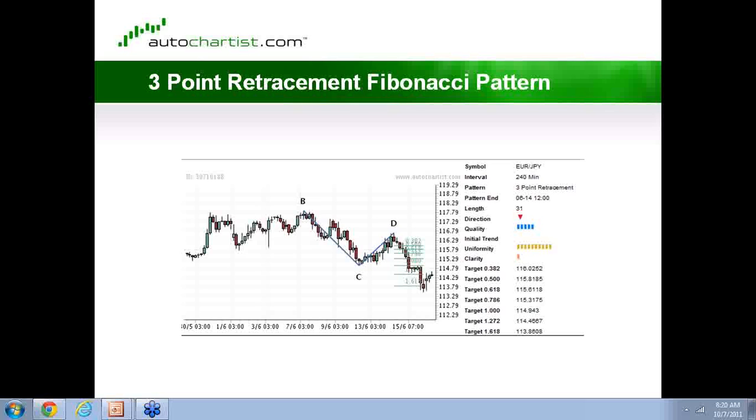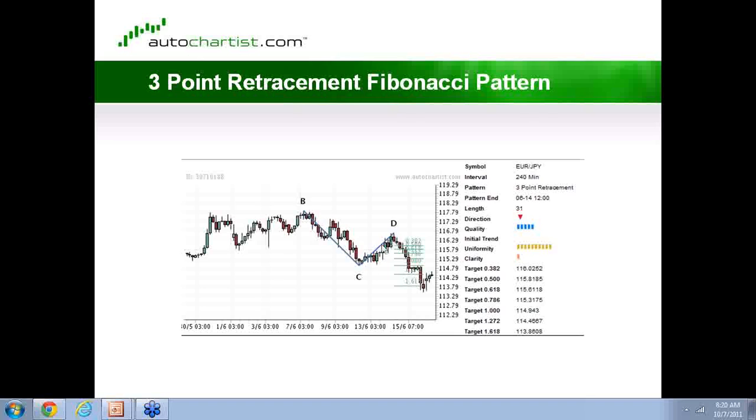All right, now this 3-point retracement area can occur at either a high point or a low point. It's very important to note also that there's no bias to which side it could occur on. But what you want to focus on is the fact that in this market, you can be a trend trader and follow the trend down.